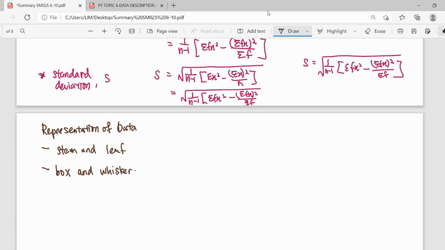Of course, when you have a drawing, it is easier to analyze our skewness, our distribution.